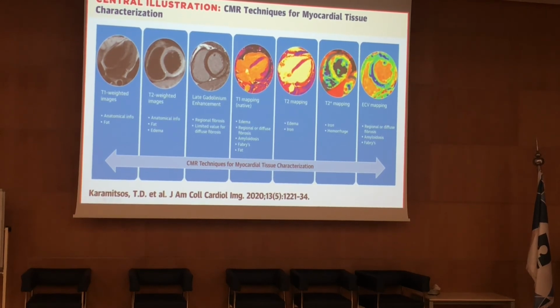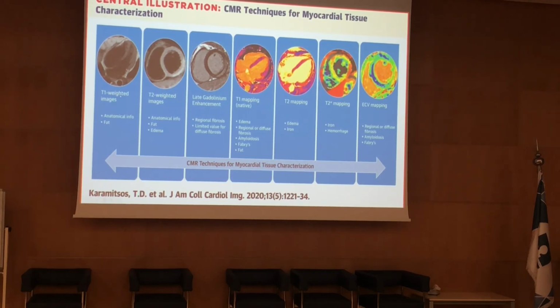There are sequences during MRI that just take about 1 hour. So we do anatomy, we do function, and we assess the valves, assess the flow, and look for tissue characterization. Tissue is very important. Sometimes you don't even need to do a biopsy because you can make sure that the diagnosis is clear from MRI.